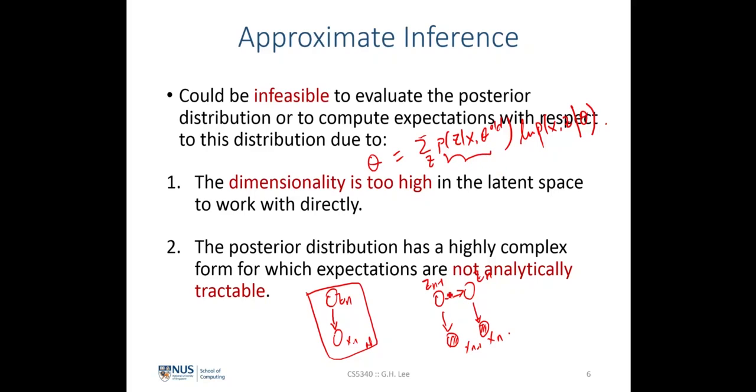However, as the interaction between the latent random variables increases, this is not going to be analytically tractable, especially if there are loops in the interaction between the latent random variables.